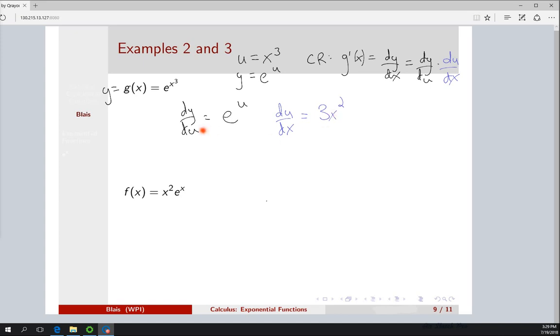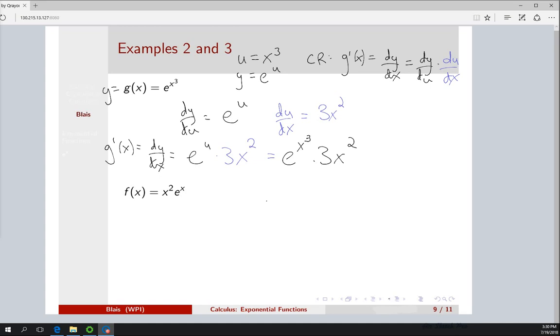So putting these two together, g prime of x, which is dy dx, is dy du, which is e to the u, times du dx, which is 3x squared. Substituting back in for u gives us e to the x cubed times 3x squared.